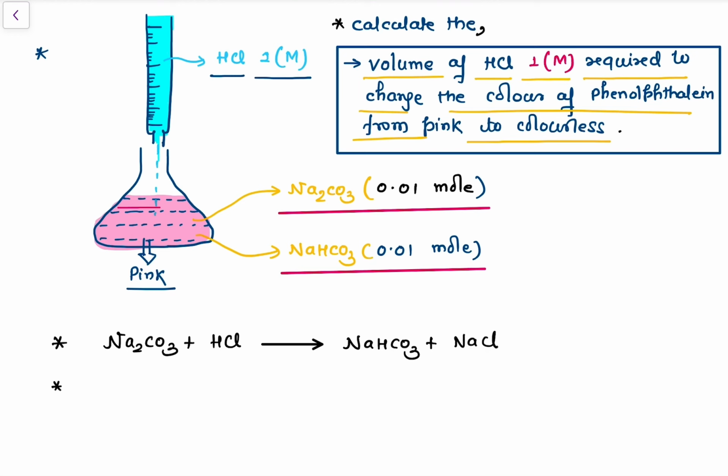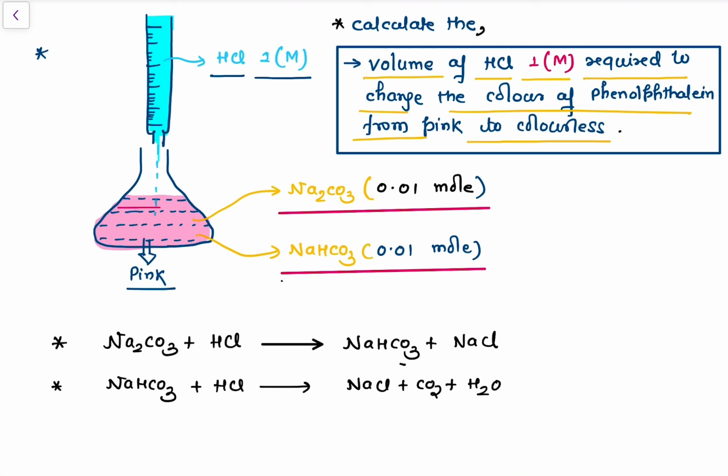Next, the sodium bicarbonate which is produced and the sodium bicarbonate which is already present in the solution, both of them will come in reaction number 2, and will react further with the HCl in order to produce NaCl plus CO2 and the water molecule.